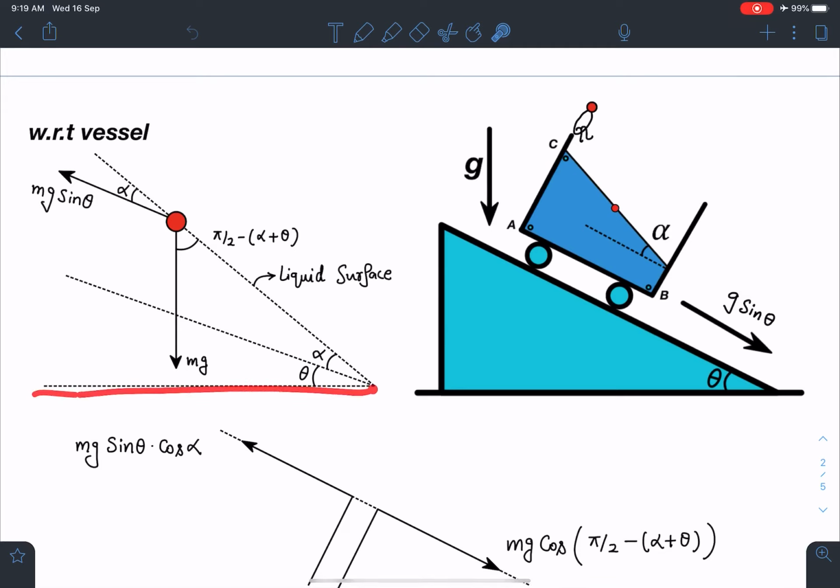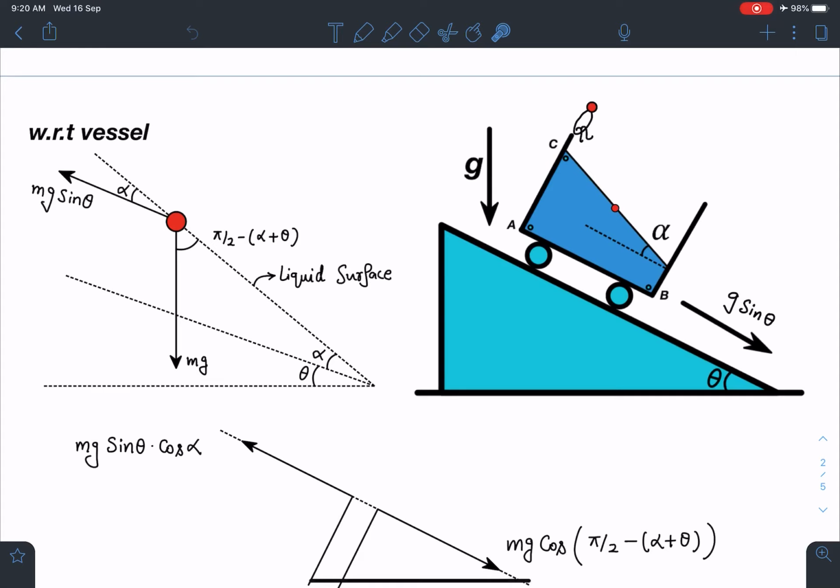This is the horizontal and this is the incline, and with respect to the incline, the surface is making an angle of alpha. So this angle is alpha for us. This is the line along which the surface is present. All right. So the forces which will be acting according to this observer, one is mg, that is the mass of the liquid particle into g, and another one will be pseudo force.